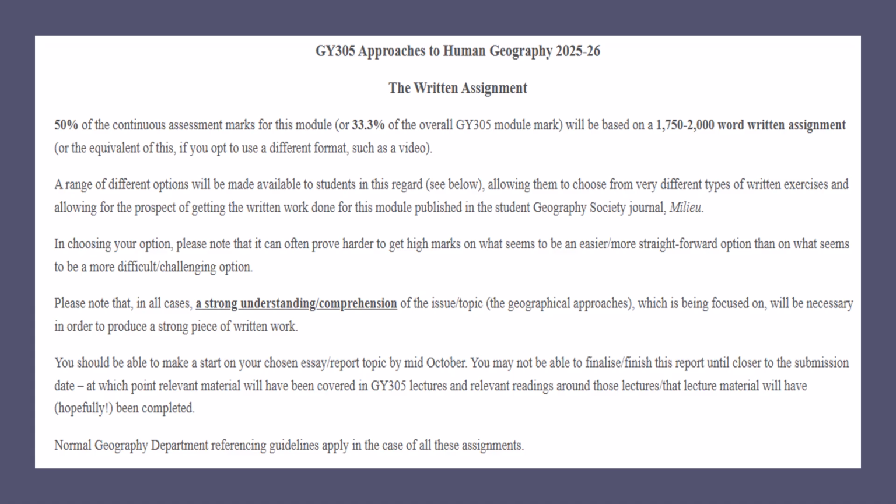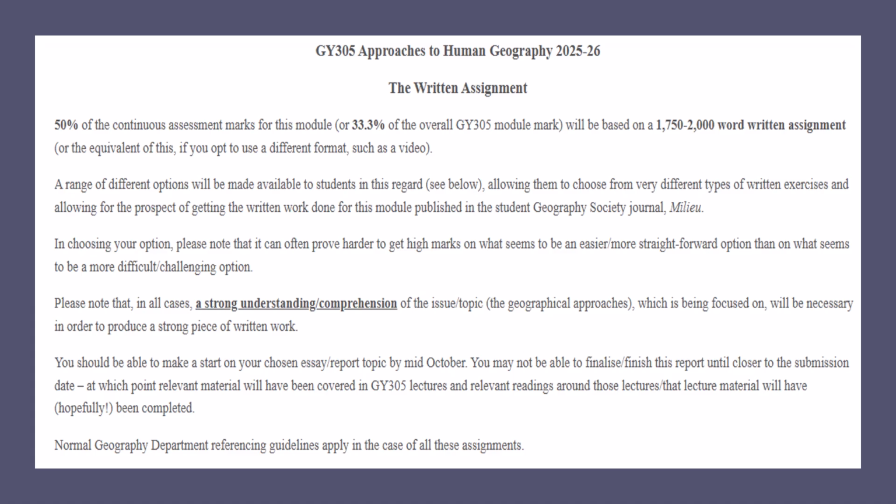If you haven't done this already, it's a good habit to get into, because the lecture material will give you about 30, 40 minutes of relevant ideas in relation to one approach, but there's a lot more detail on humanistic geography or Marxist geography or spatial science if you also read the relevant chapter from Cresswell, or the relevant chapter from Nick and Jeffrey, or the relevant chapter from Johnston and Sidaway, or you read a few of these chapters. So a bit more reading helps you to better develop your ideas.